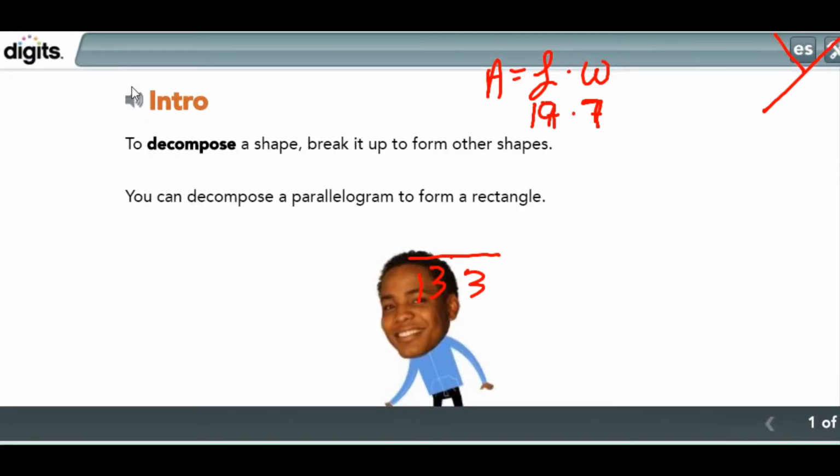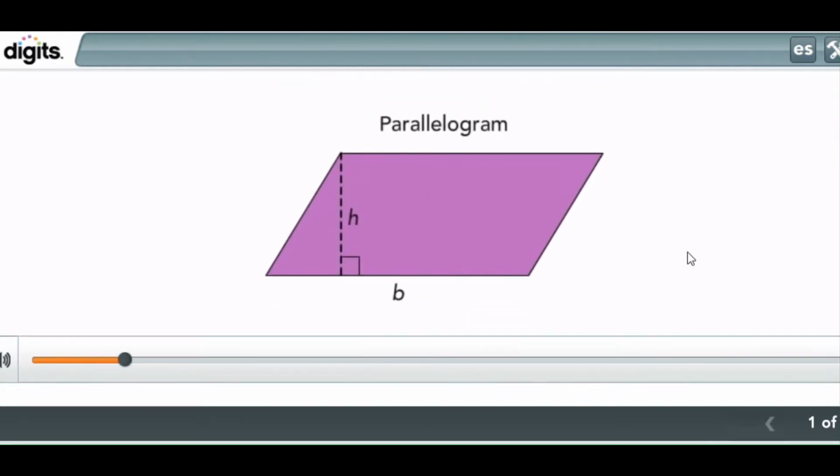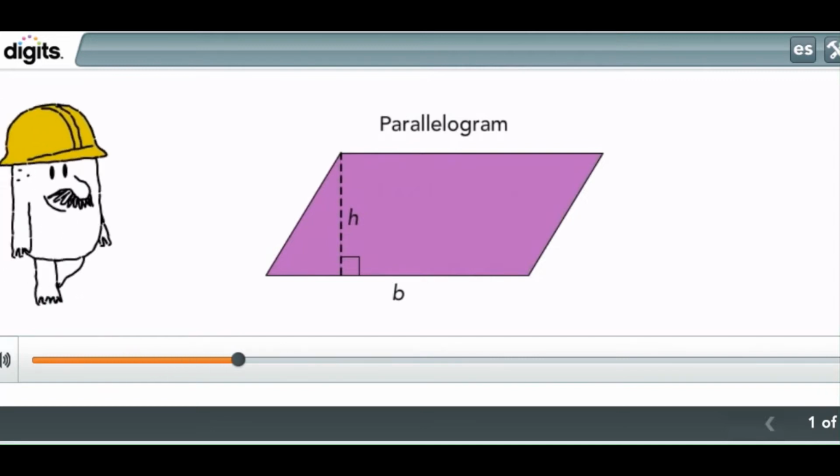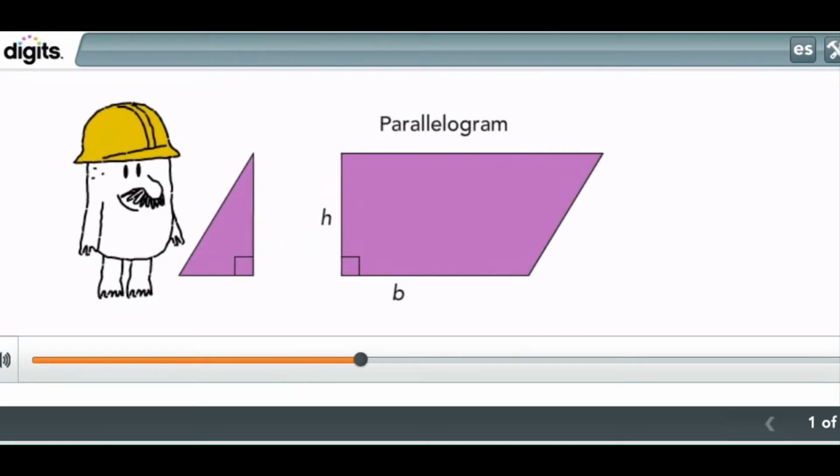So, to decompose a shape, break it up to form other shapes. You can decompose a parallelogram to form a rectangle. Suppose you have a parallelogram with base B and height H. To decompose the parallelogram into a rectangle, cut the parallelogram along its height.